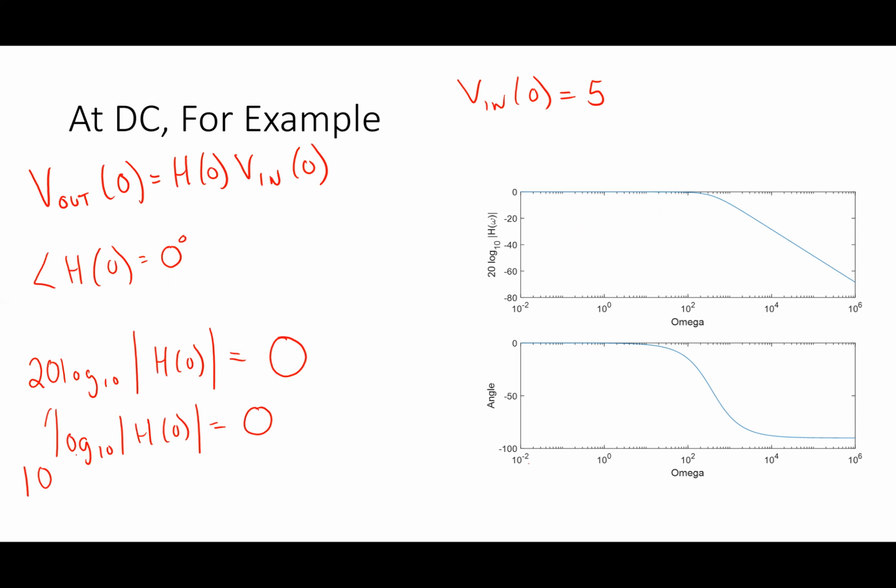So 10 to the log of something gives me the argument, and I get that the magnitude is equal to 10 to the 0, or 1. So I get what I already knew, which is that 1 is my value of H of 0 times 5, so V out of 0 is equal to 5. Moving forward, we'll look at how we use that at other frequencies, but it's pretty straightforward. It's not particularly hard to do.